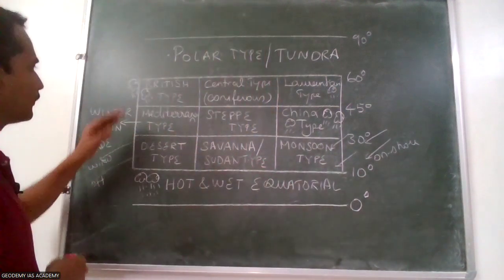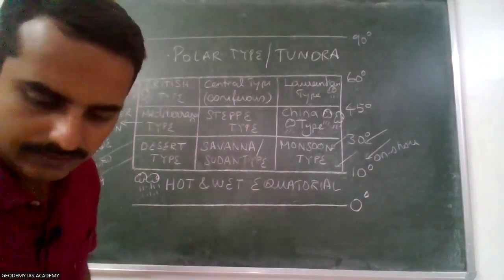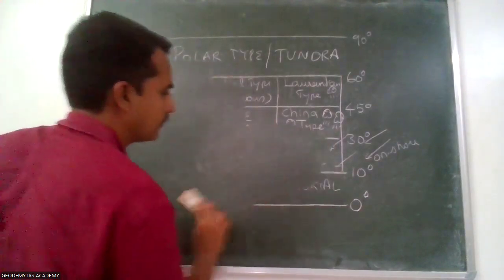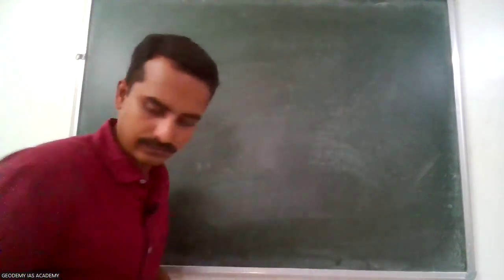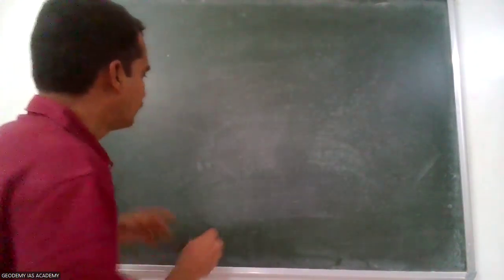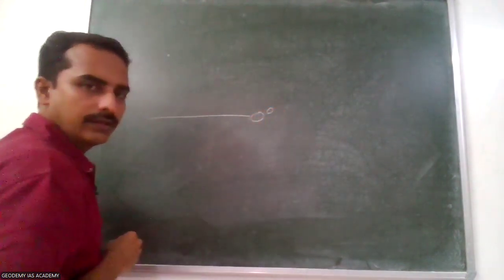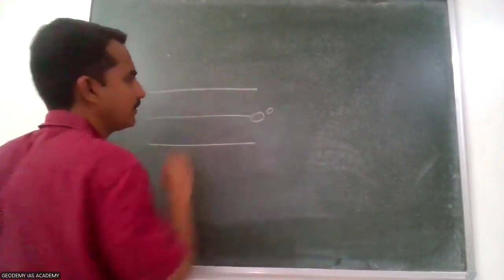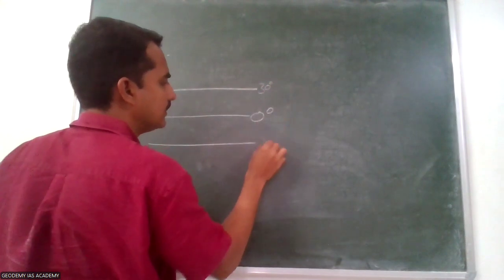Okay, now if you consider, I will explain another concept, then you can understand this chart simply. We know that it is equator, Tropic of Capricorn, Tropic of Cancer, or otherwise you take it as 30° north and 30° south.